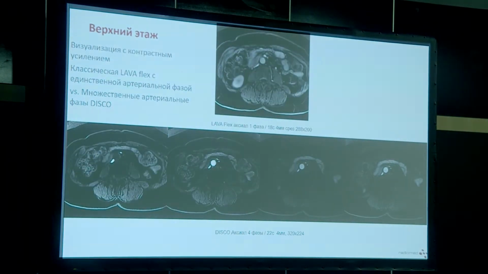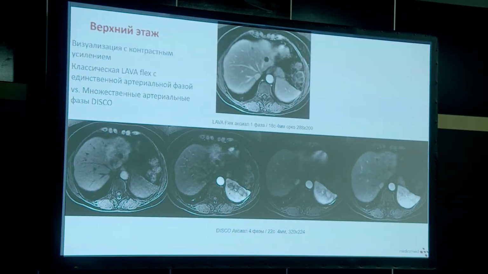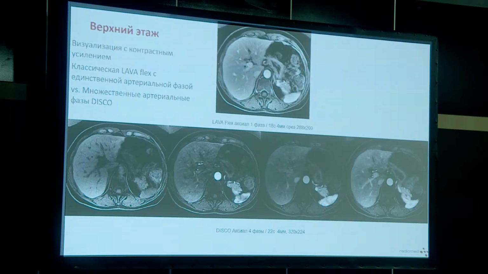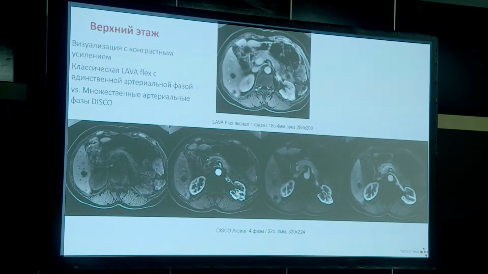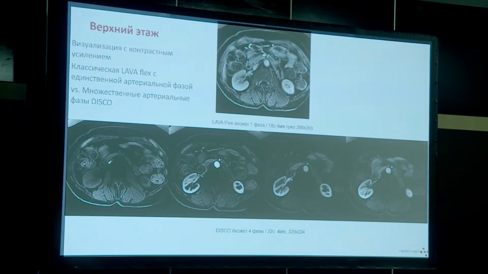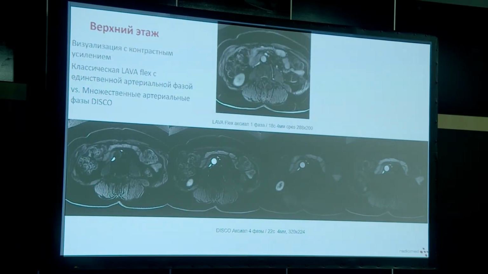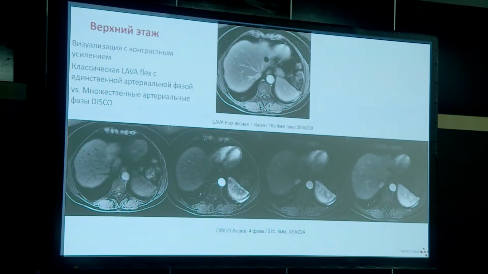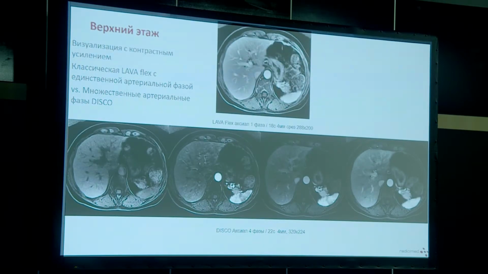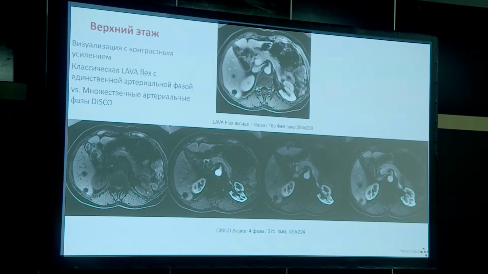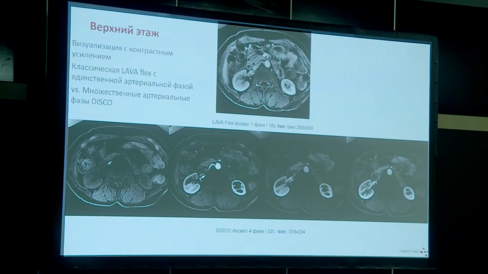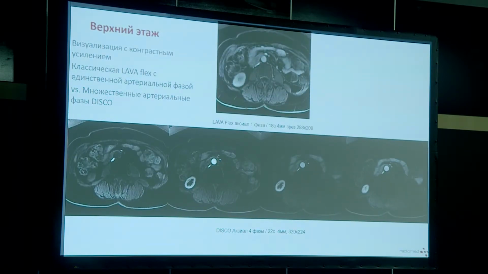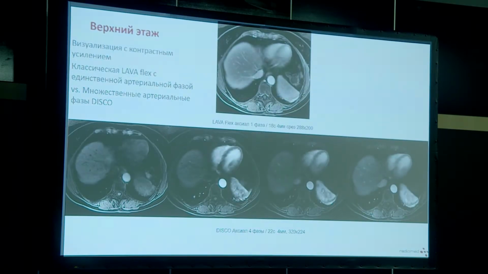And at the bottom row, you see what's recently possible. That's called DISCO. It's a new sequence that delivers multi-phase arterial imaging and greatly enhances the temporal resolution of the acquisition. This is also a one breath hold acquisition, so multiple contrast phases within a single breath hold.